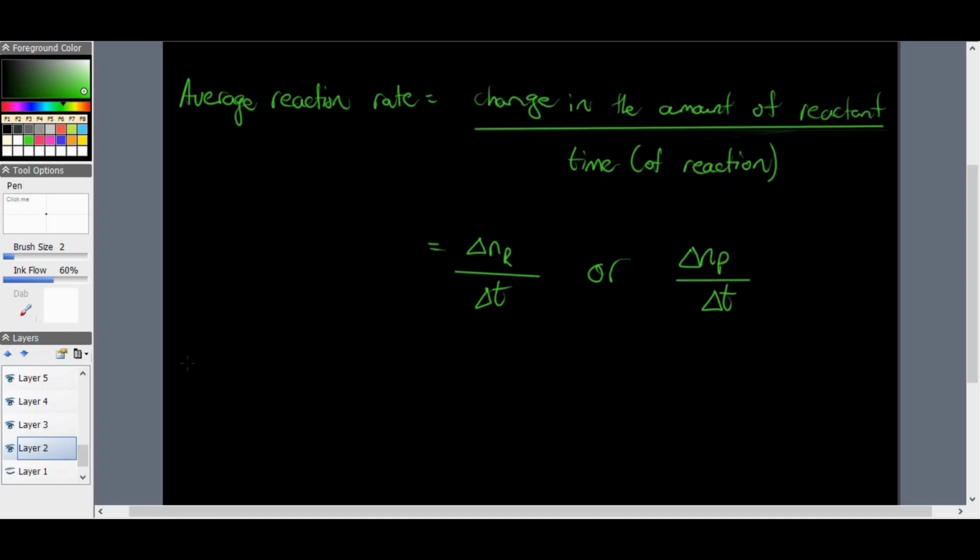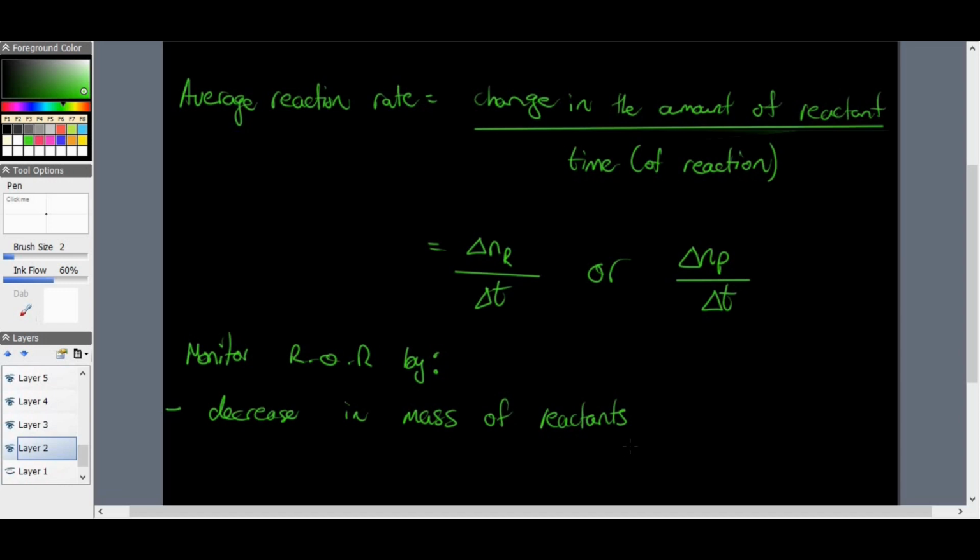Now we can monitor the rate of the reaction. There are a couple of points that we need to look out for. We can monitor rate of reaction, ROR, by, one, looking at the decrease in mass of reactants per time.